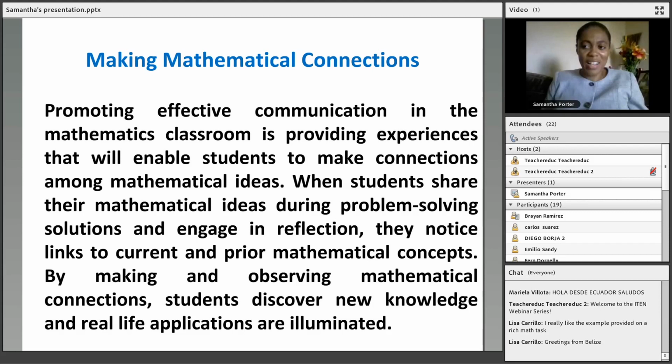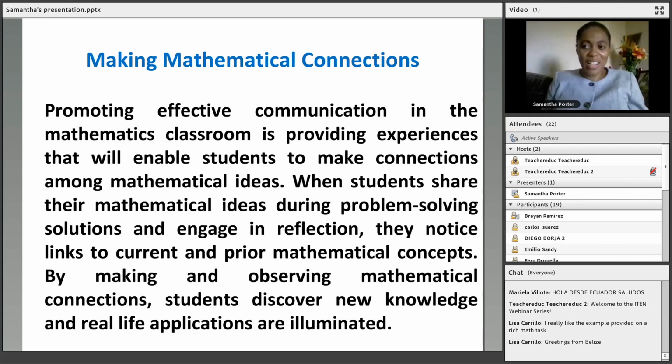When we make these mathematical connections, this promotes effective communication in the mathematics classroom. Let me read that again. Promoting effective communication in the mathematics classroom is providing experiences that will enable students to make connections among mathematical ideas.